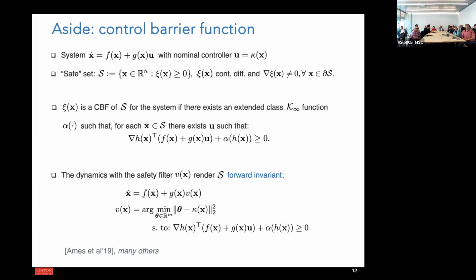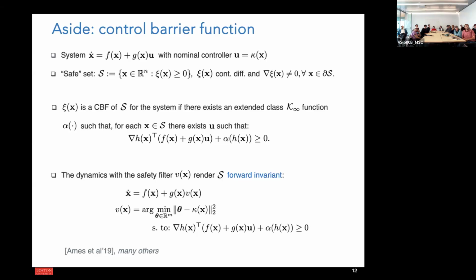Can you explain in English what is that inequality? Yes, so basically this, sorry, the second, that inequality. This one is basically, sorry, I mixed up the symbols. This is supposed to be the notation Xi. This is nothing but the Lie derivative of my function Xi along the dynamics of the system.